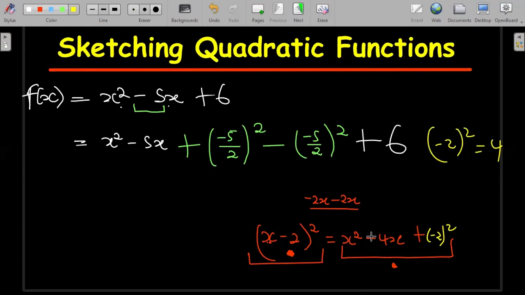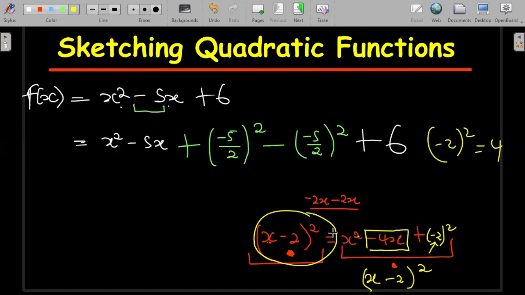We're just getting the x there, leaving out the squared, and here we get whatever is inside there, which is minus 2. We put these in brackets because they are the square here and the square there, and we say squared. So this guy, which is the same as this, can be represented as this, right?